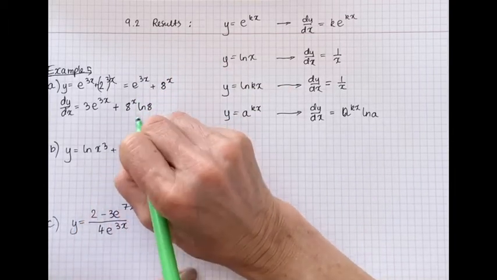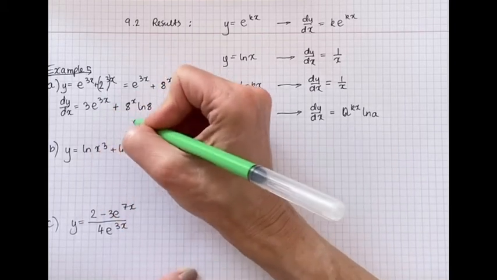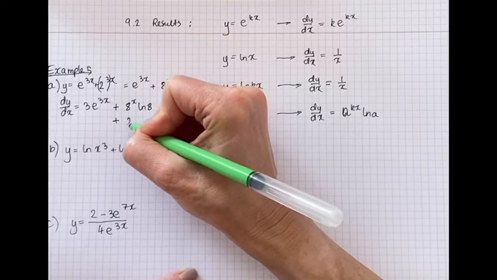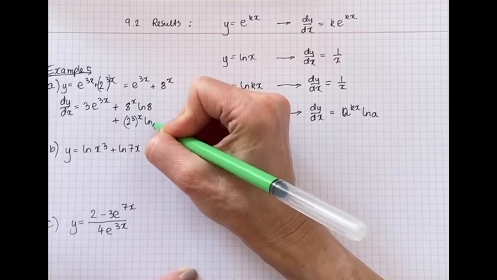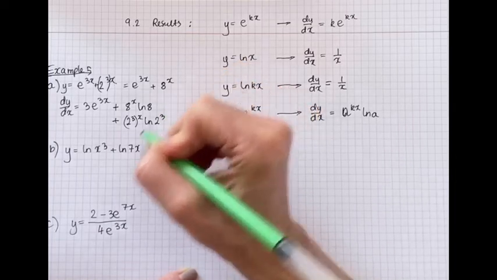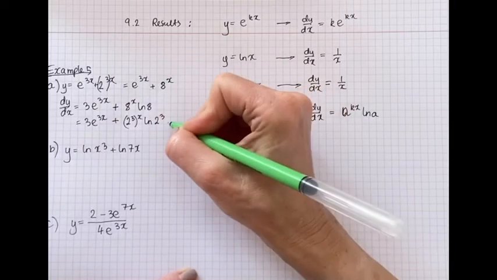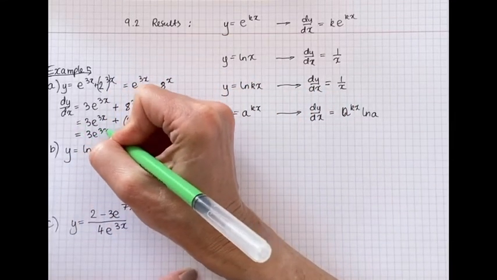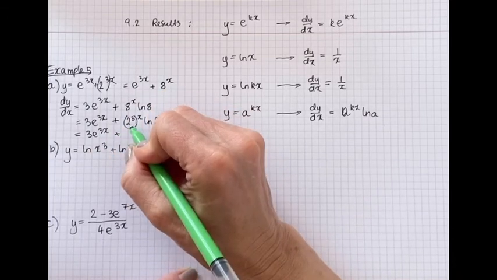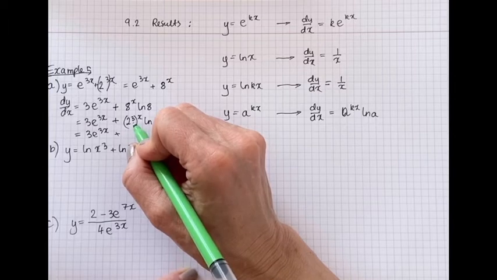Now you may want to rewrite it in terms of 2 to the power of 3 if you want to. So that will be 2 to the power of 3 to the power of x, and then you've got ln 2 to the power of 3. And this will become 2 to the power of 3x.